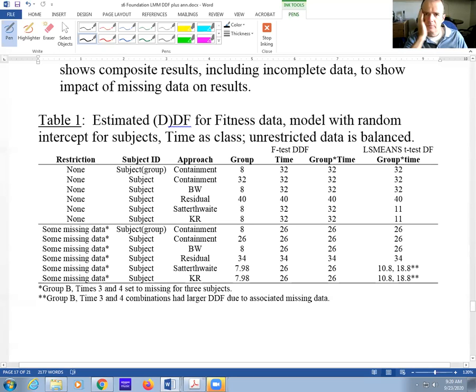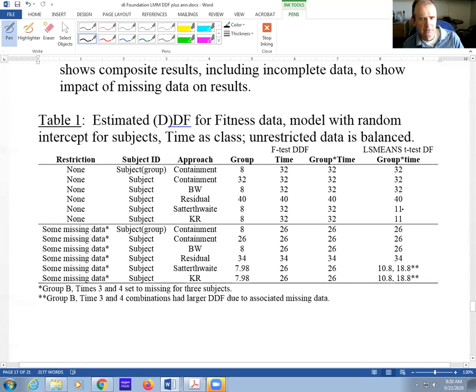I have to look at that more closely. That's a good question, and I'll have to review that and get back to you on it. But again, the pattern that you see is that those degrees of freedom tend to be less, right?